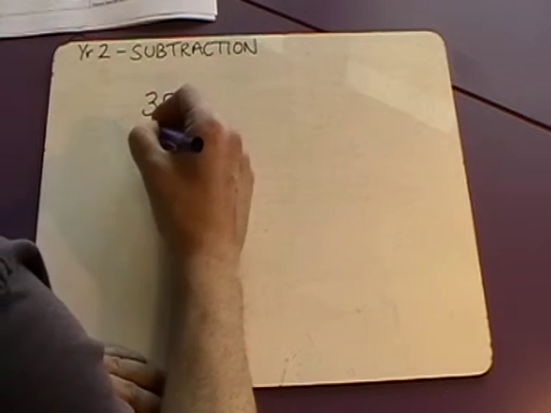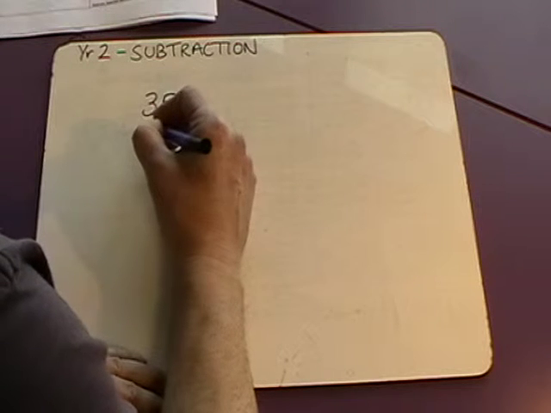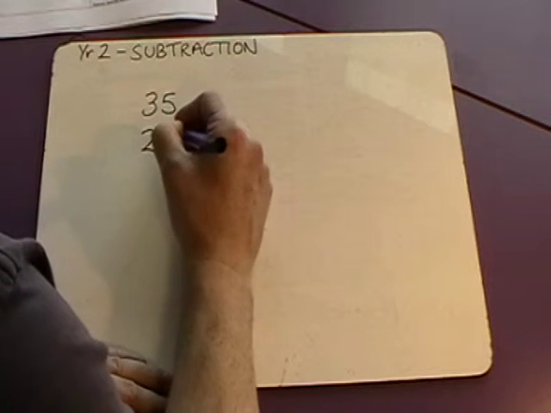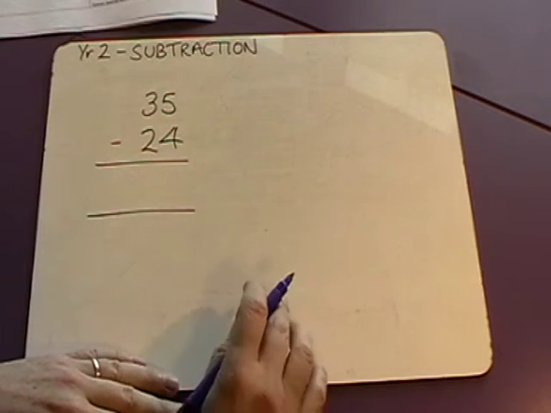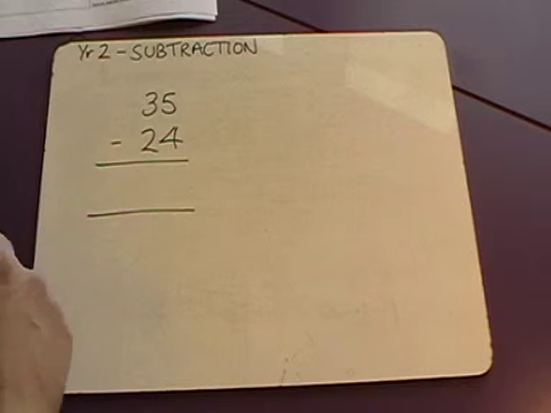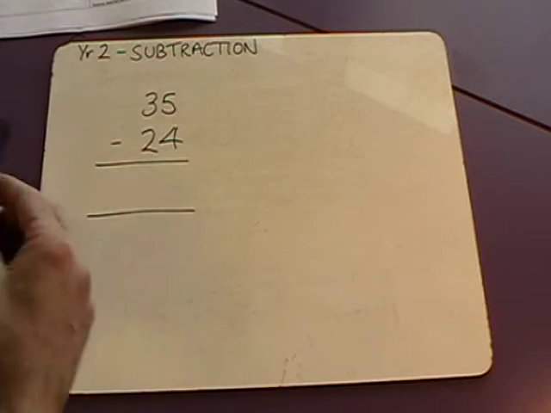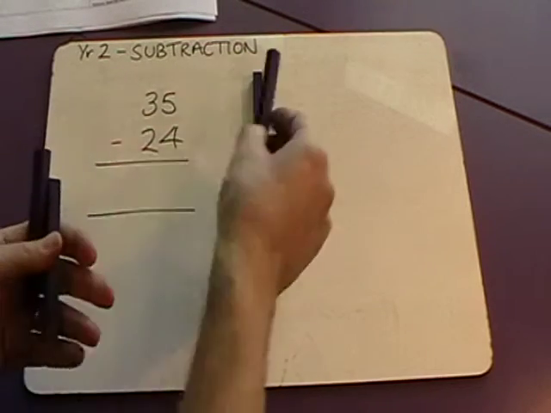So we might show that as 35 subtract 24 this time, and then we would show that with some real apparatus, with some Dienes.